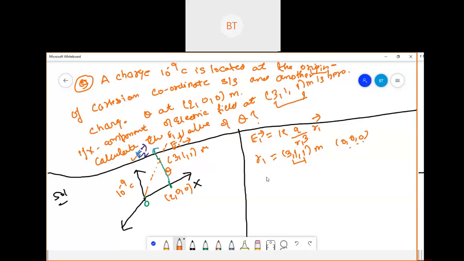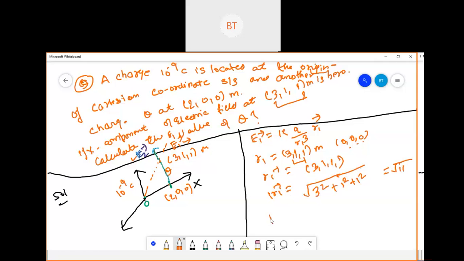So the R1 vector will be 3, 1, 1. The magnitude of R1 will be the square root of 3 squared plus 1 squared plus 1 squared, which is root 11.